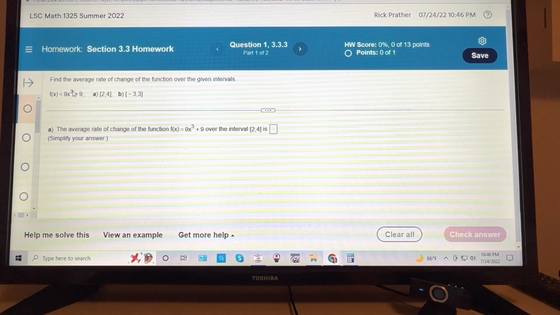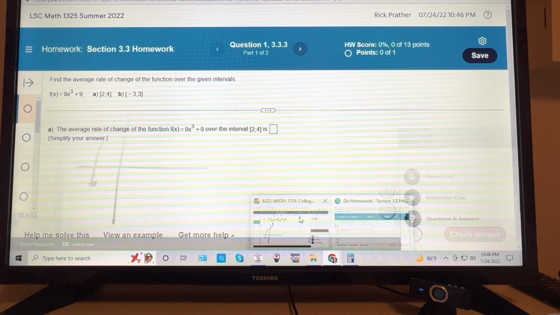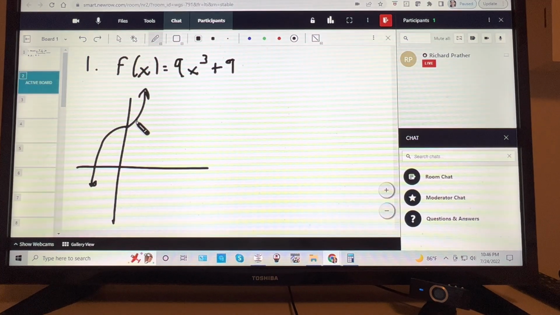And we want the average rate of change between the 2 and 4, the interval 2 to 4. So 2 to 4, something like that. When x is 2, when x is 4, what's the average rate of change of the function?